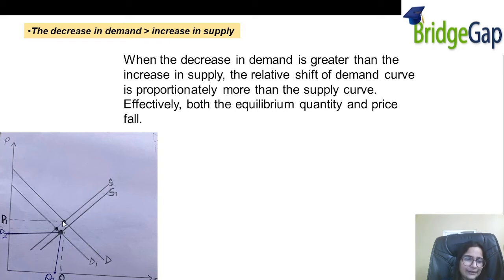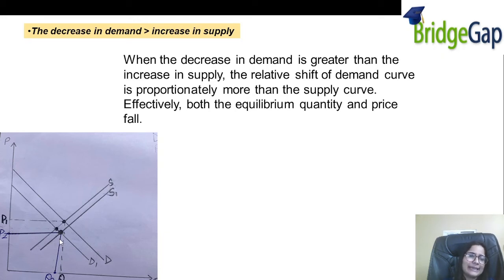So first our equilibrium was at P1 and Q1. This was our equilibrium price and Q1 was our equilibrium quantity. Now when there is a shift in both demand and supply curves, the new equilibrium will have a decreased quantity as well as a decreased price.